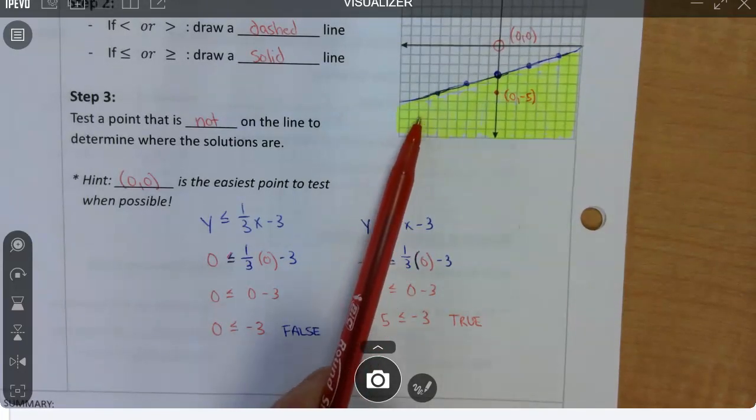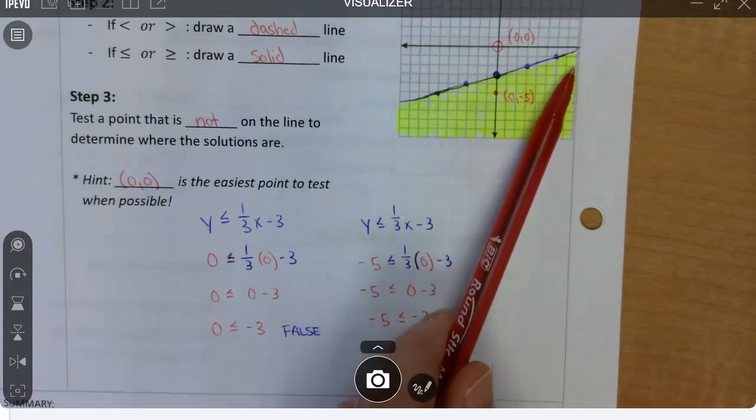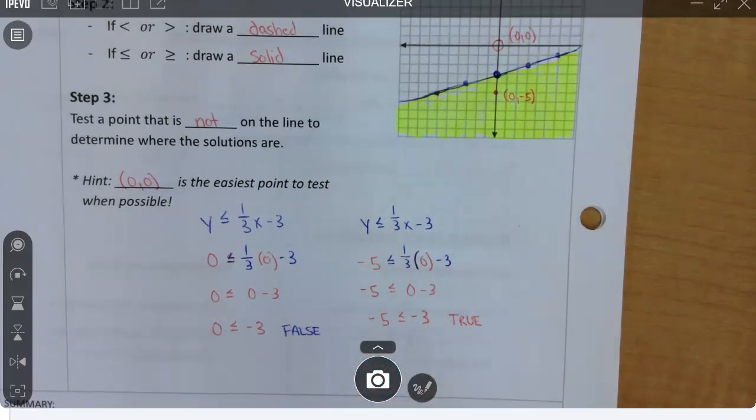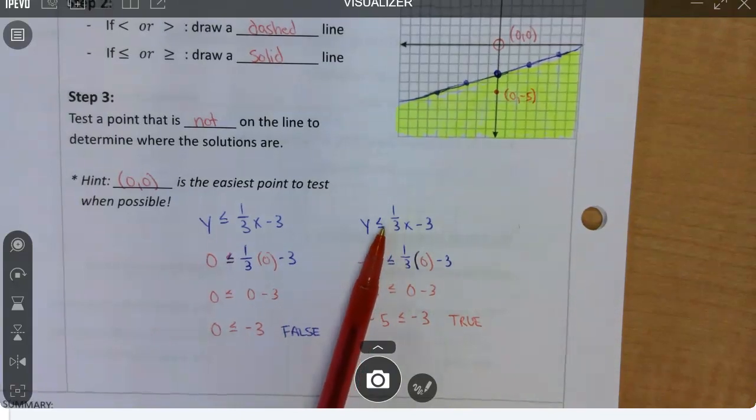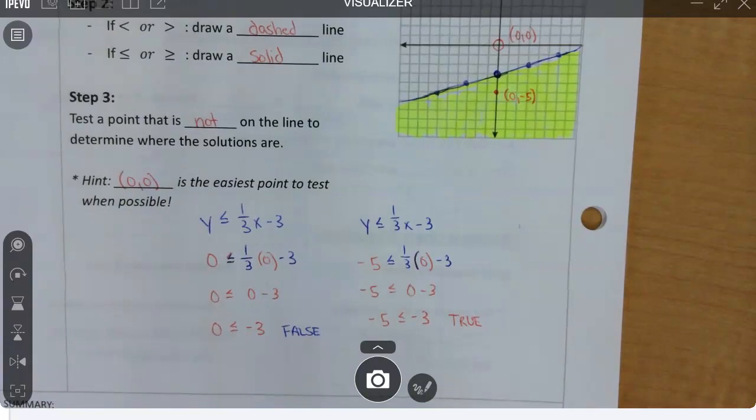So there are millions and millions of points that exist below this line. And if we extended our graph, we would just get more and more points below the line. Every single one of those points makes this inequality true. So the shaded region qualifies as the solutions to our two variable inequalities. Okay?